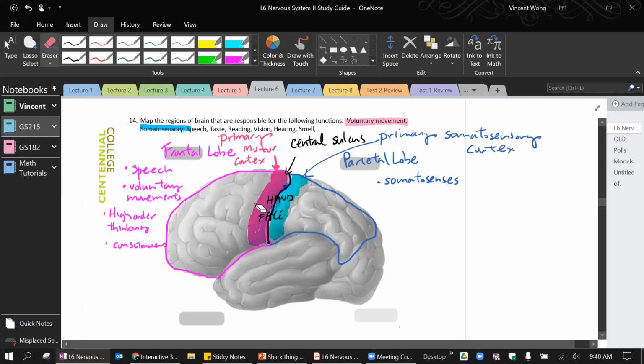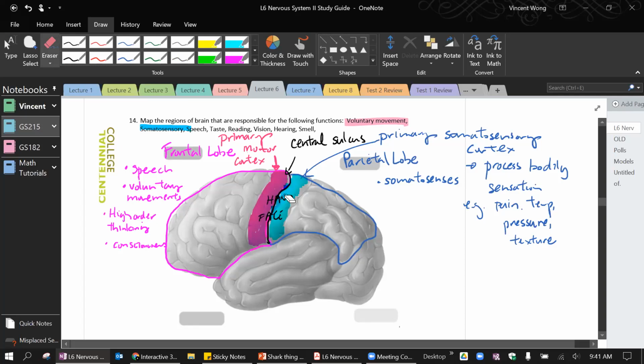Again, this allows you to have voluntary movement. This allows you to have sensation, to process bodily sensation, e.g., pain, temperature, pressure, texture, all that stuff.